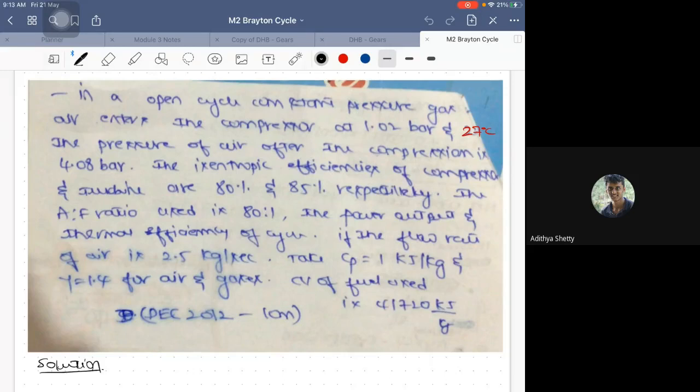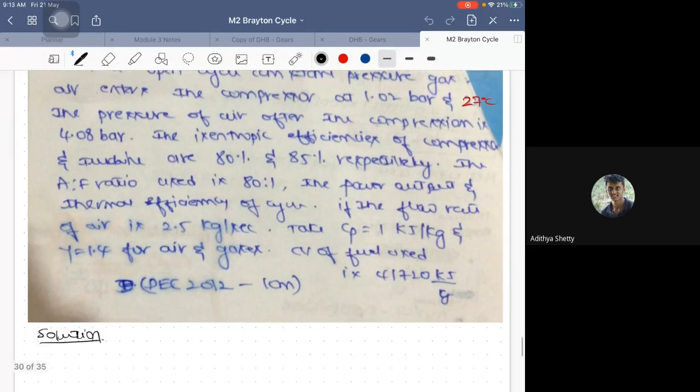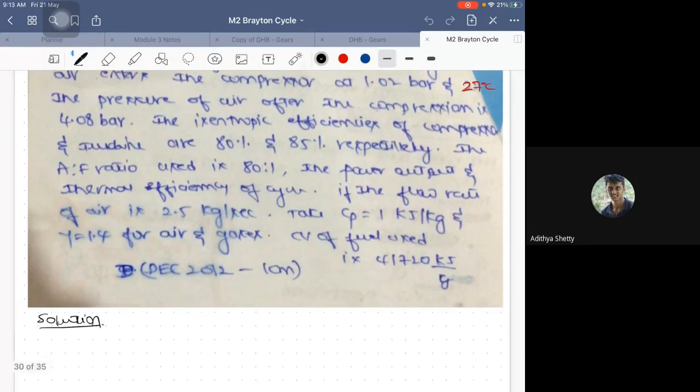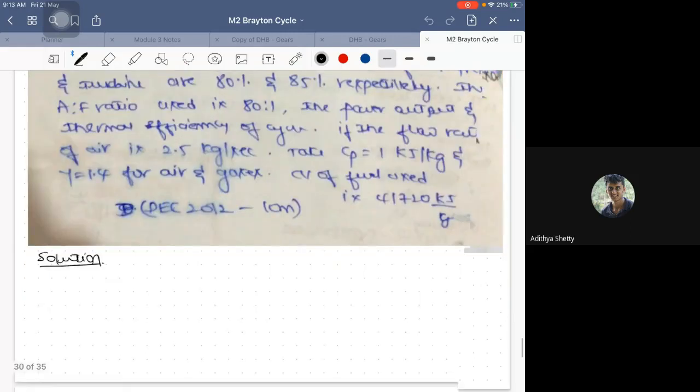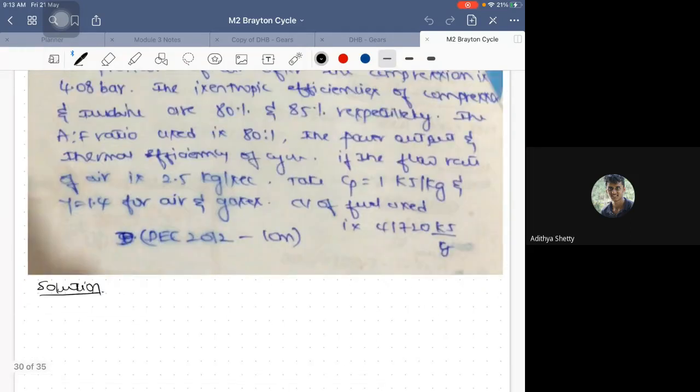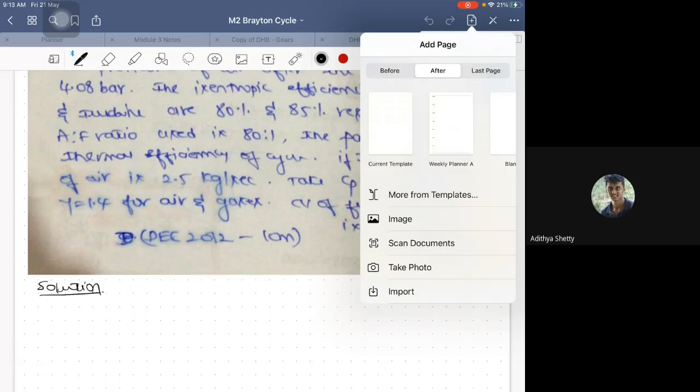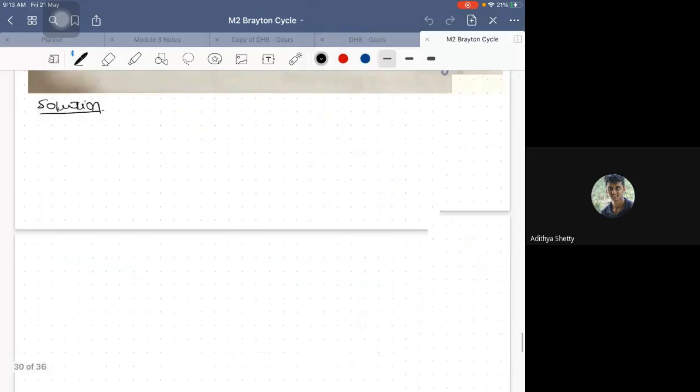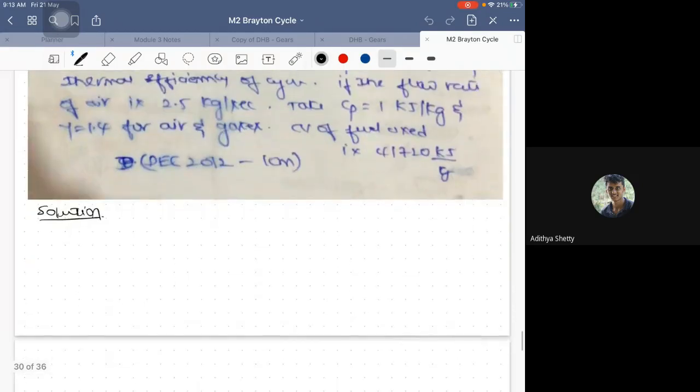Air enters the compressor at 1.02 bar and 27 degrees Celsius. So let me draw. Let me draw the first, the PV diagram.